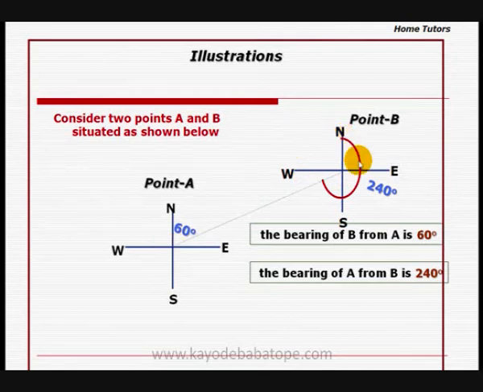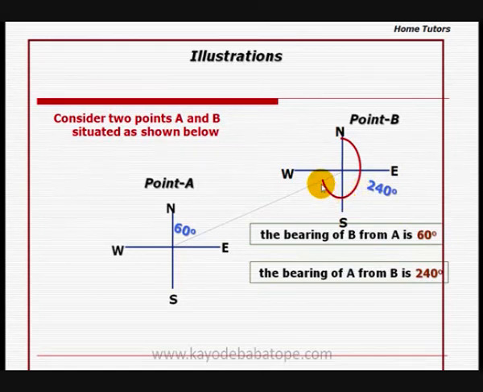That will be this angle, and this angle will be 180 plus 60. That gives 240 degrees. So we were given the bearing of B from A to be 60 degrees, and we have calculated the bearing of A from B as 240 degrees.